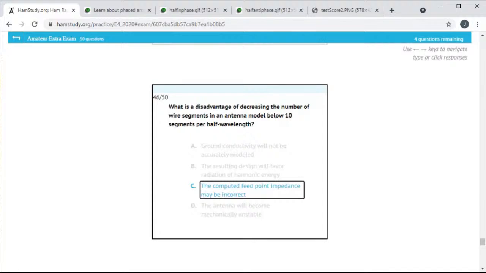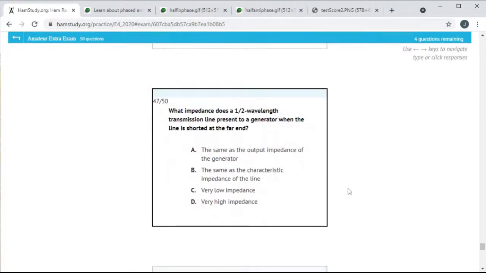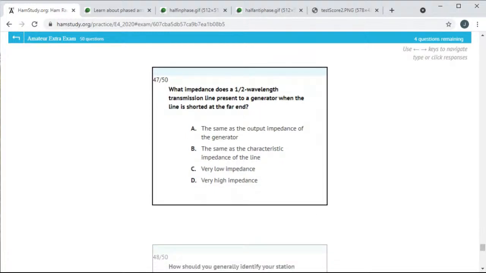So it's way below the 10 segments per half wavelength, because in that case it's only 2 segments for the half wavelength. So I don't really understand the question.